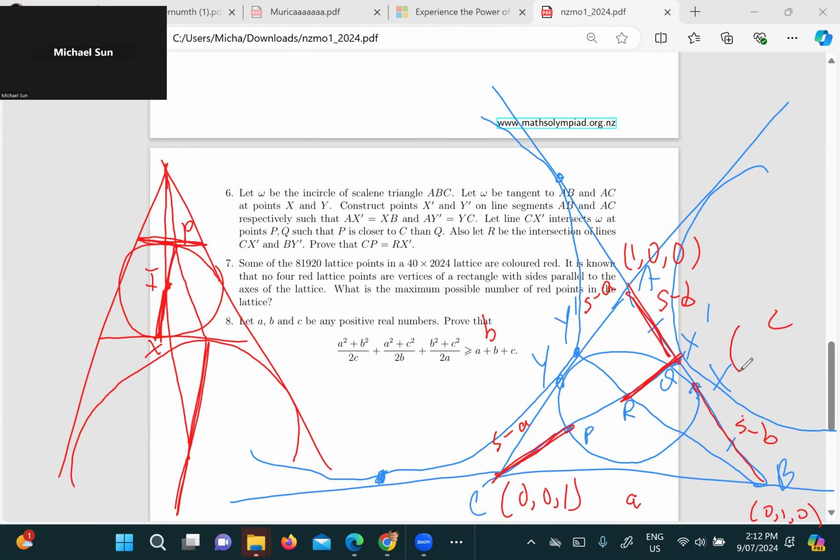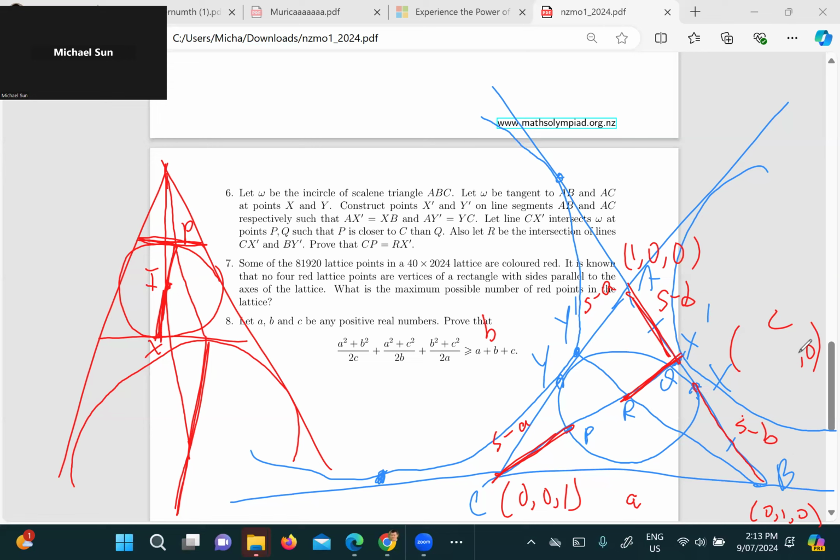Isn't it the last one? Oh, the C. Would it be S minus B on C?